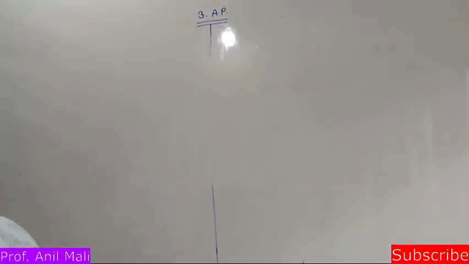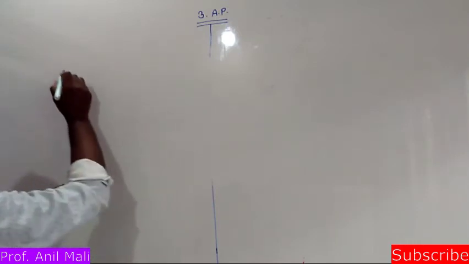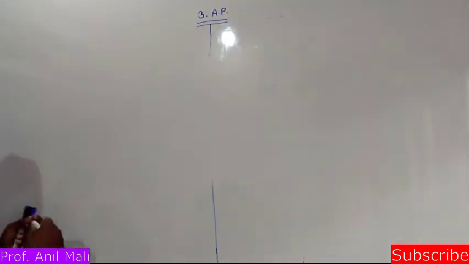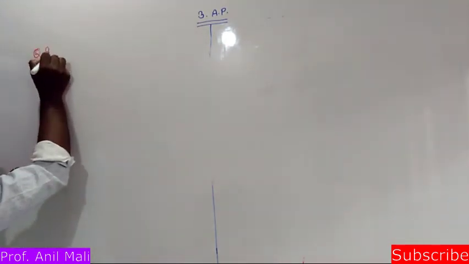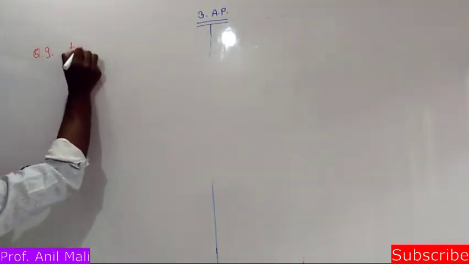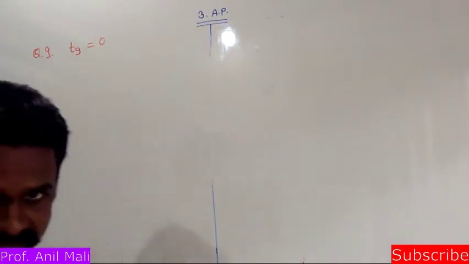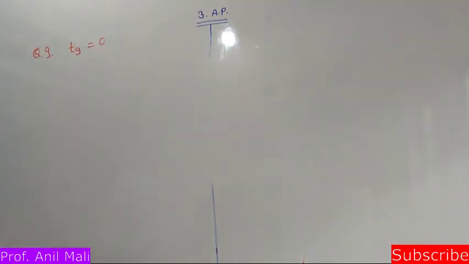Question number 9 is telling us that the ninth term of an AP is 0. T9 is given 0. Okay, fine, no problem.